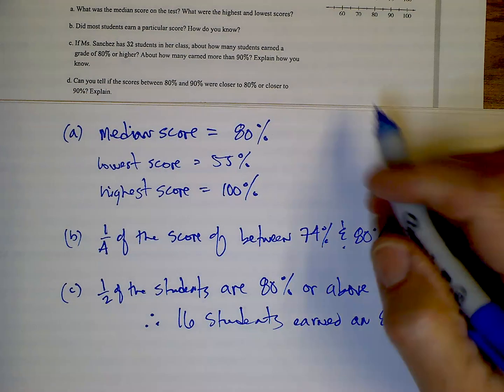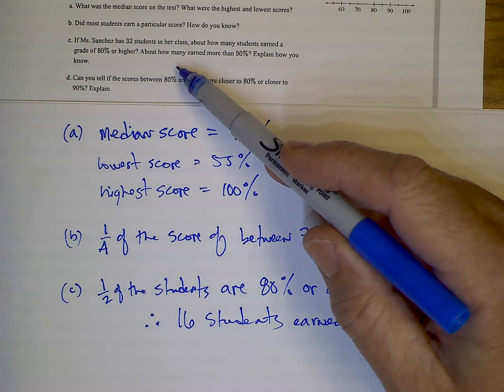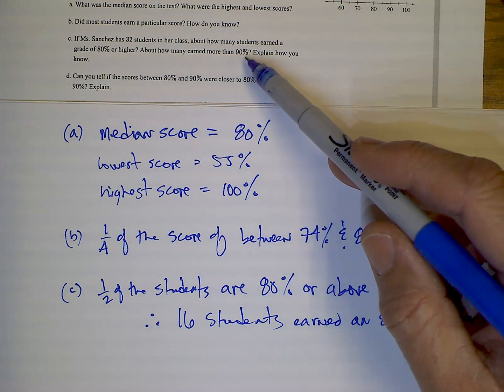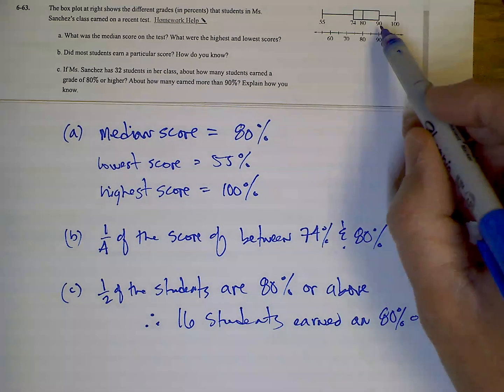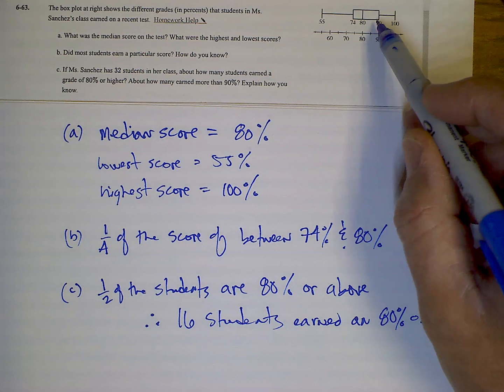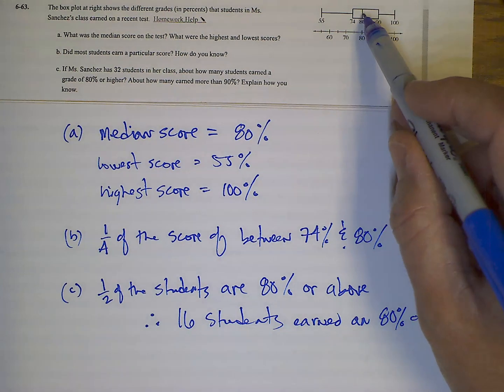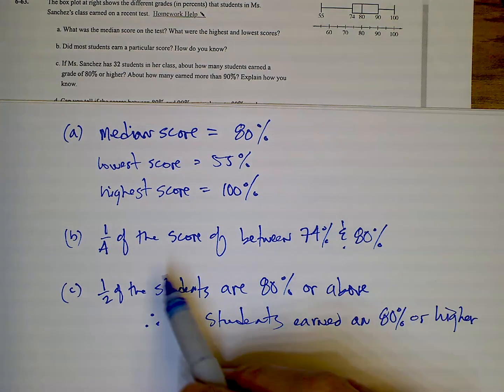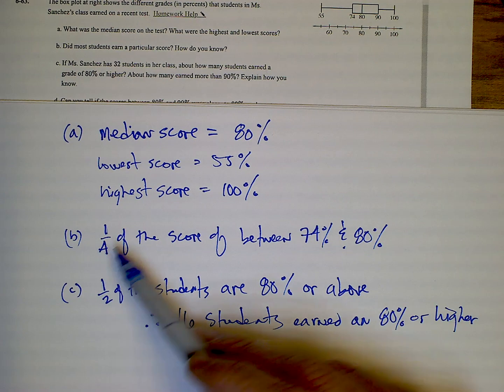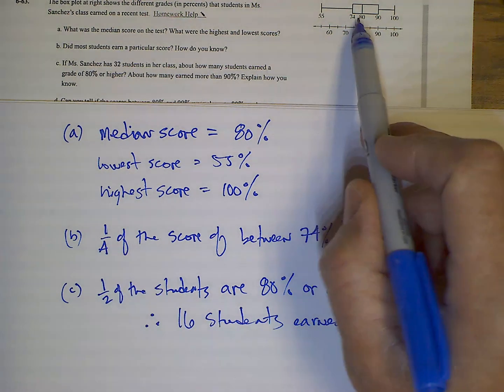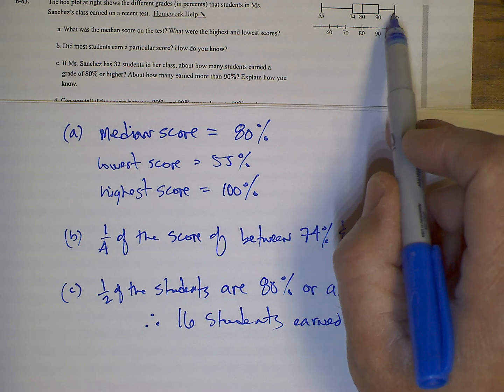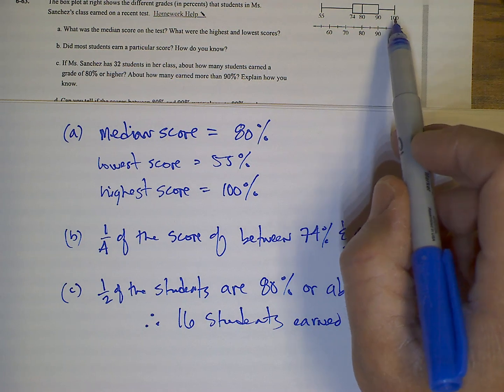So let's keep going. So then it says, what about 90? How many earned more than 90%? Well, again, remember now that 90 is the upper quartile. It's the center of the top end of the data. So just like we would say that a fourth of the students were between 74 and 80, a fourth of the students are also going to be between 90 and 100.